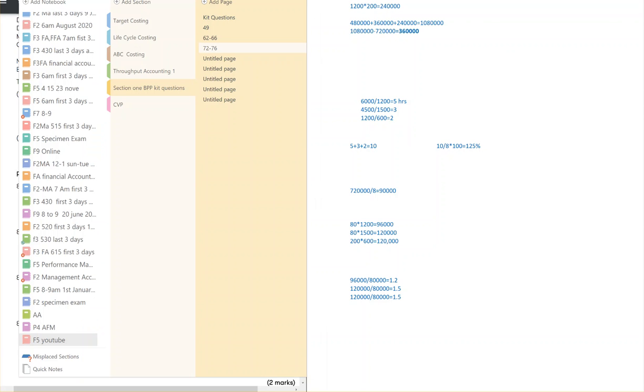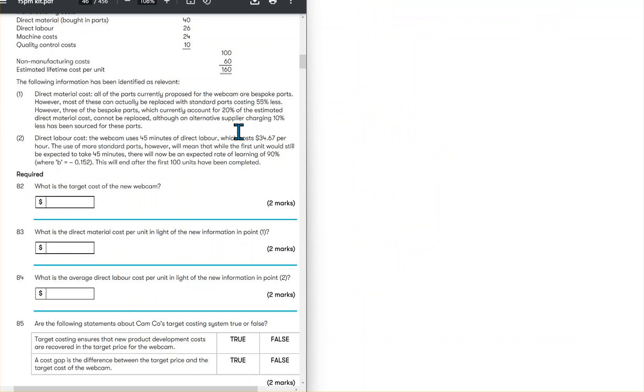Remember, bespoke means tailor-made, specifically designed. However, most of these can actually be replaced with standard parts using 55% less. However, 3 of the bespoke parts, which currently account for 20% of estimated direct labor costs, cannot be replaced.